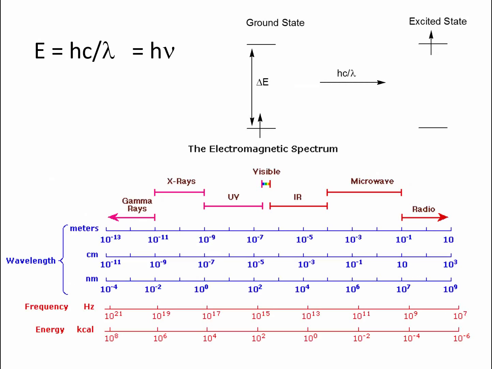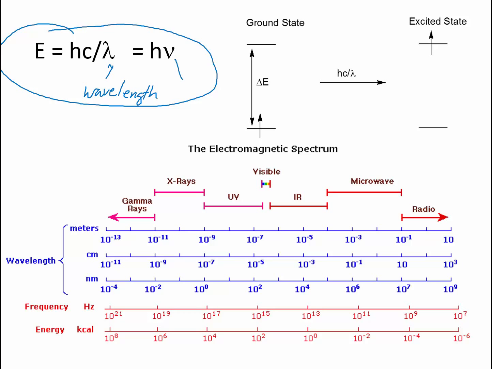All right, so let's look at some of the basics of spectroscopy. This equation here is known as the Einstein equation. E equals hc over lambda, or E equals h nu, where lambda is the wavelength of electromagnetic radiation and nu is the frequency.